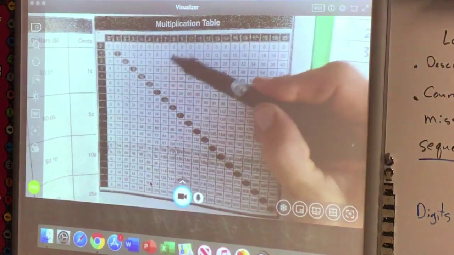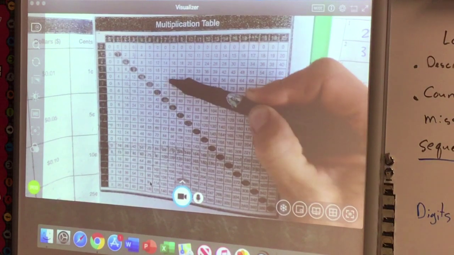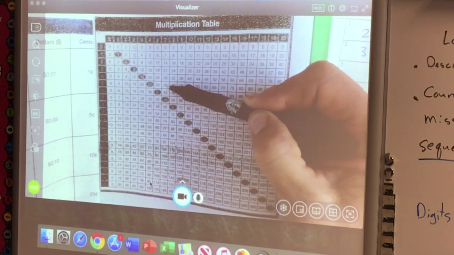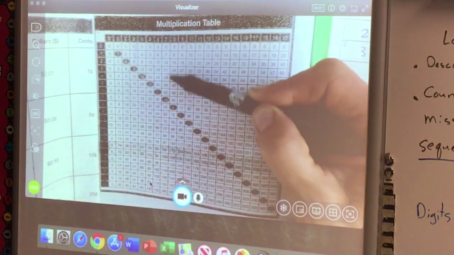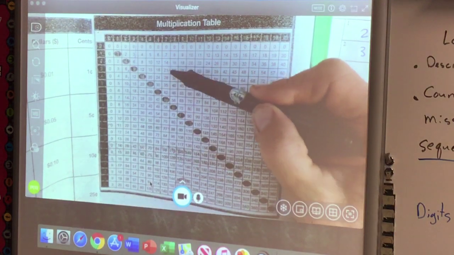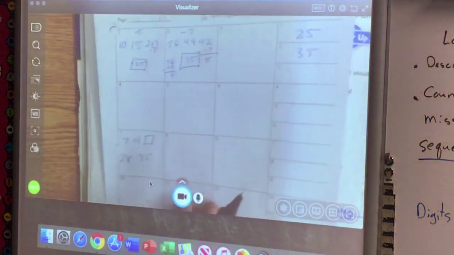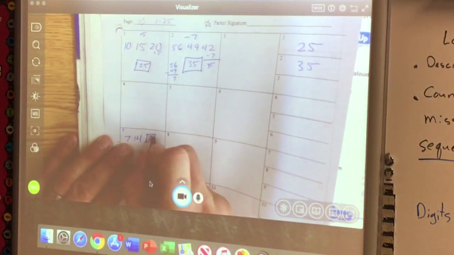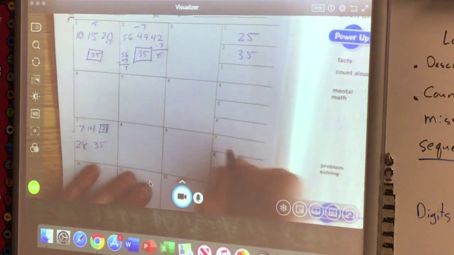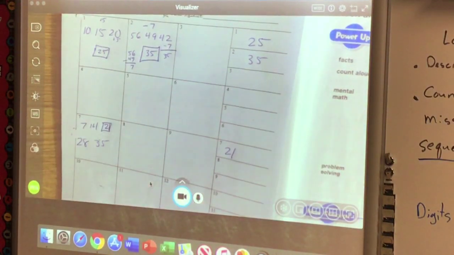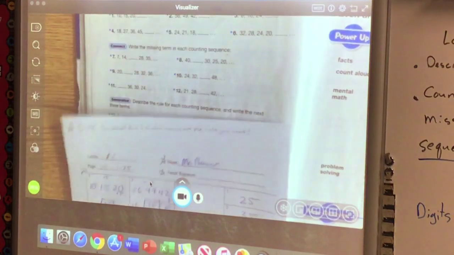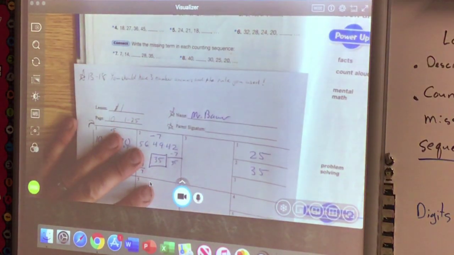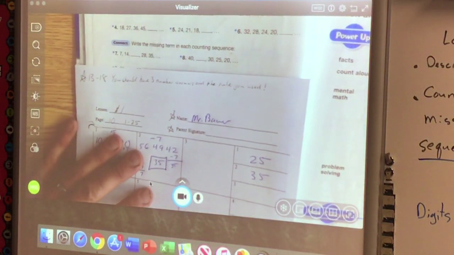Jump on the 7s again. 7, 14, something, 28, 35. Do it with me. 7, 14, something, 28, 35. 7, 14, 21. So my missing number is 21. Let's do one more in that section. Number 8 says 40, something, 30, 25, 20.